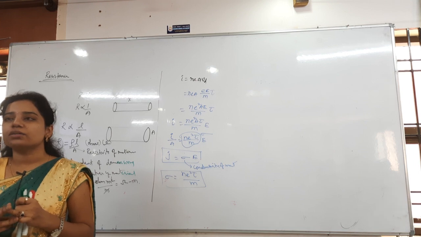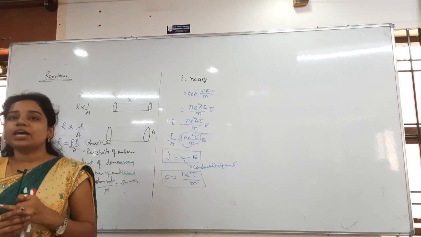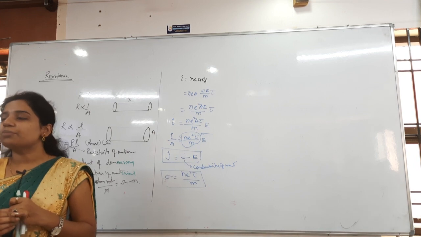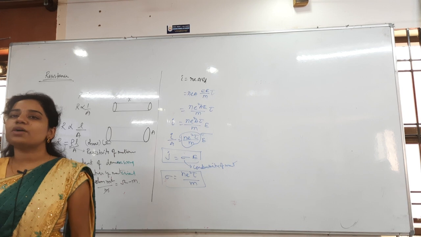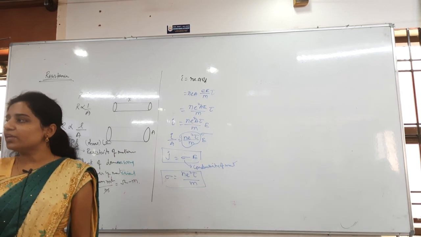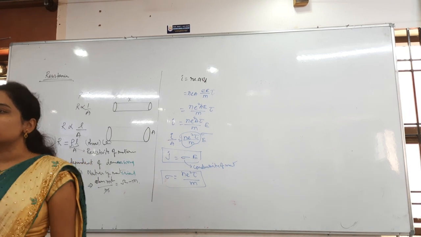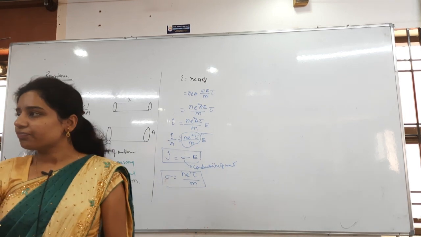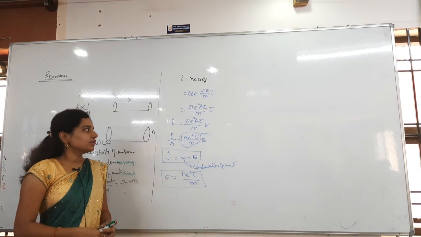The tau formula is lambda by Vrms, the mean free path by the RMS velocity. One more formula for Vd is mobility: mu is equal to Vd by E. In these 3 cases Vd is possible, except that nothing will come. You have to substitute something in it and then get the answer finally.